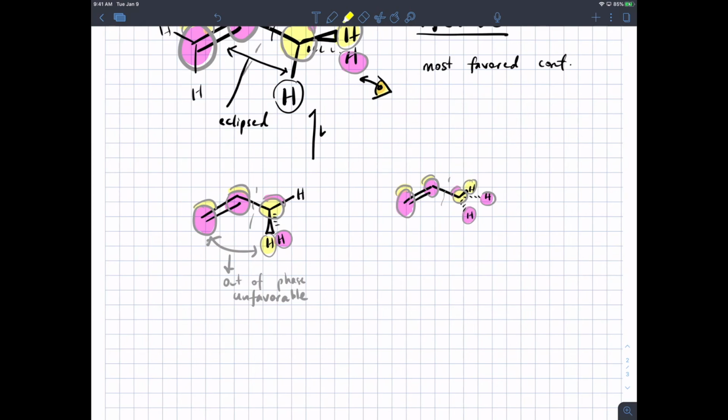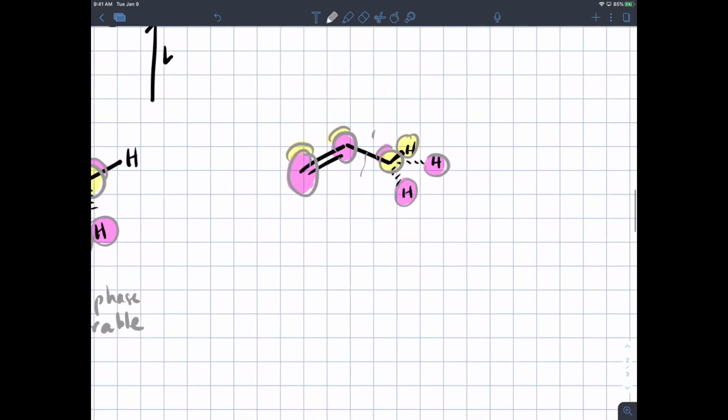Okay, so that sort of avoids getting these guys close to that in an out of phase relationship. And of course, rotation around the carbon-carbon bond is free. There'd be some barrier, but certainly this kind of conformation would be populated.